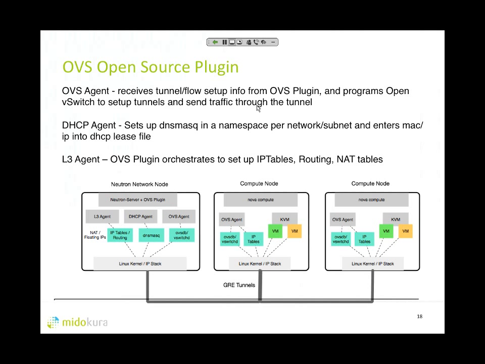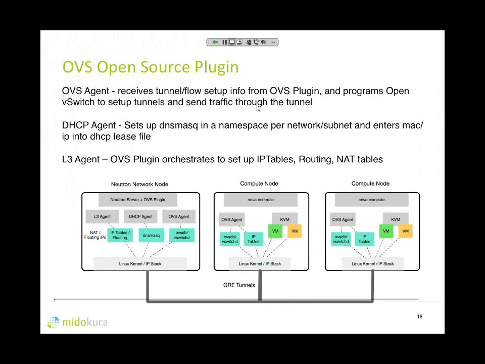The OVS agent residing on the compute nodes receives tunnel flow setup information from the OVS plugin and programs the Open vSwitch to set up tunnels and send traffic through these overlays. In this example here, we're showing GREs, but it could be VXLAN also. The DHCP agent residing at the Neutron network node sets up the dnsmasq in a namespace per subnet created by the tenants, for example.